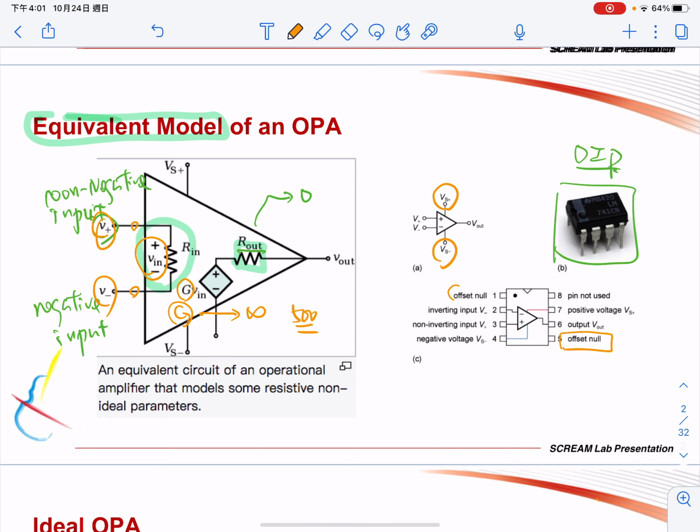The offset null here is for when Vs plus is not equal to Vs minus: it turns out that when the input is 0, the output is not equal to 0. So these 2 pins are to adjust that, such that if there is no input signal, we have 0 output from the amplifier. So this is the equivalent model of the operational amplifier.